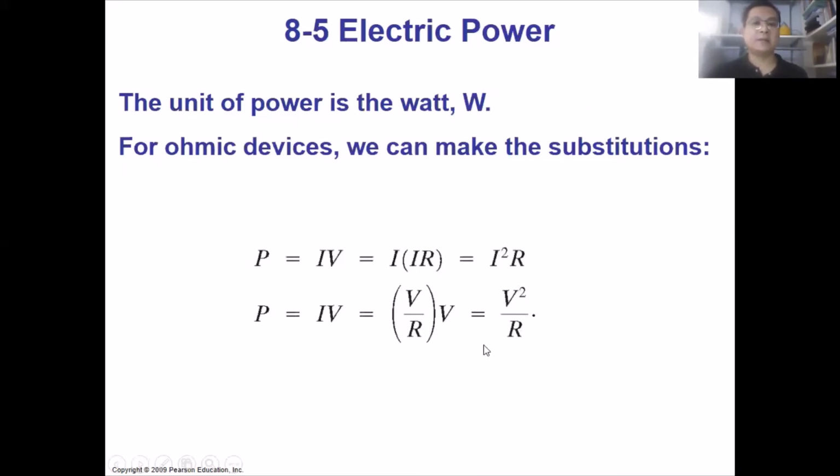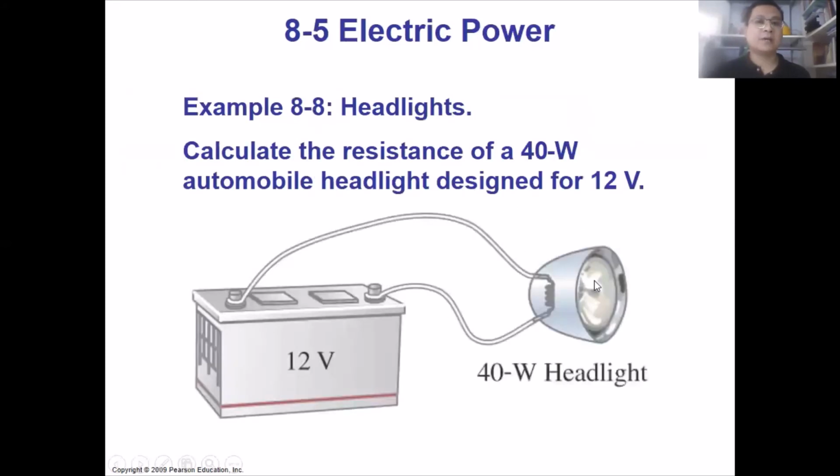Depending on the known parameters. Okay, we have an example here, example 8 about a headlight. Calculate the resistance of a 40 watt automobile headlight designed for 12 volt.